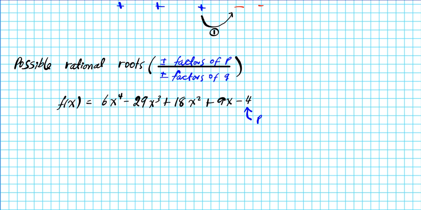You know the alphabet P comes before Q, right? But you kind of reverse it. When you're looking for P, you go from the back, and then Q is the leading coefficient. Okay, so P is equal to -4. It's always a constant, and Q is always your leading coefficient, basically the coefficient of the leading term.